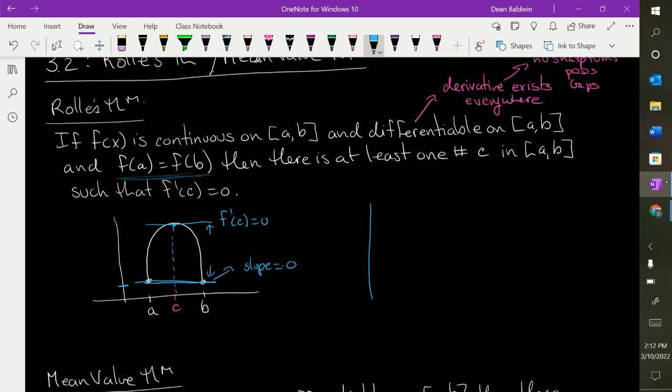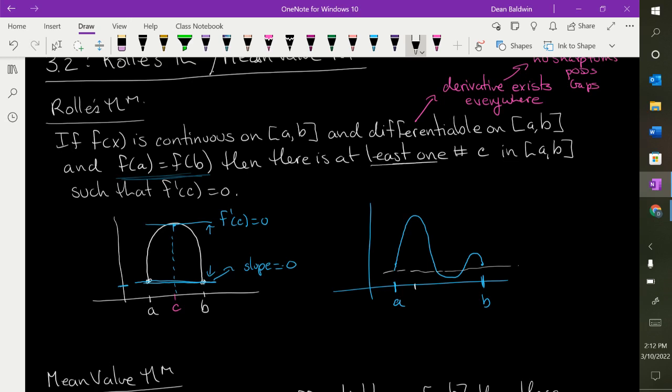You could have another graph where as long as you finish at the same heights on a and b, so if you start here, you go up, you can even dip below it, and you come up, and you finish at the same height. Let's make sure it's the same height. As long as a and b are the same, then you will have at least one.